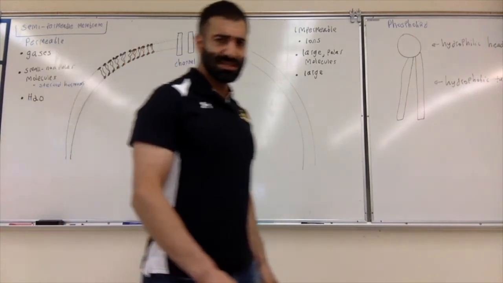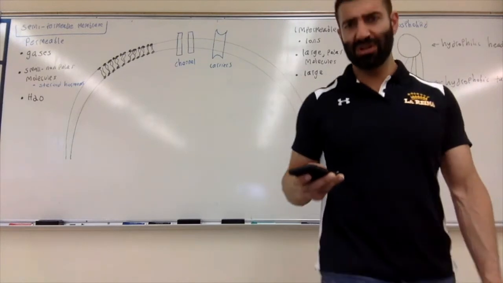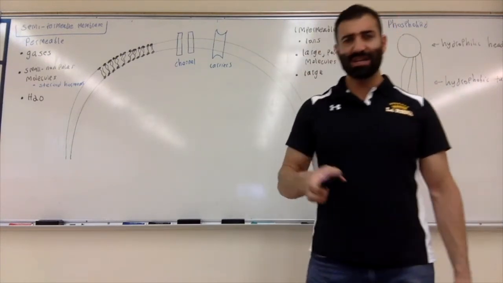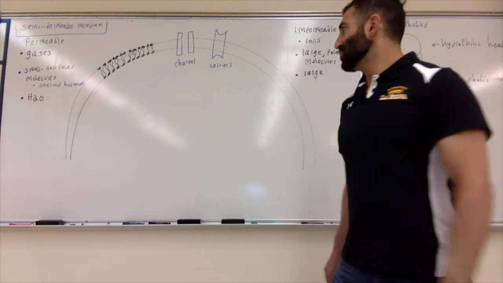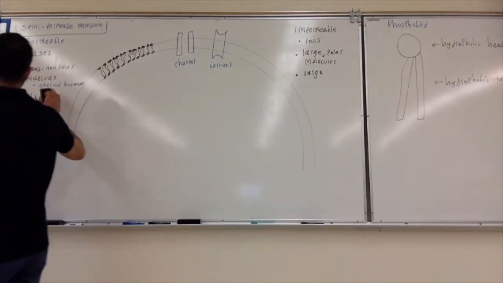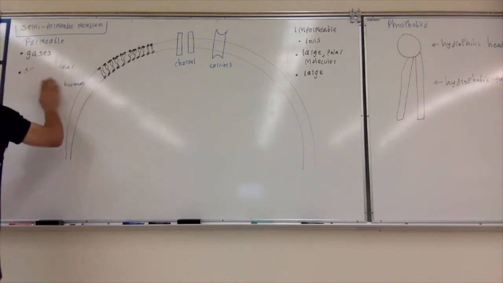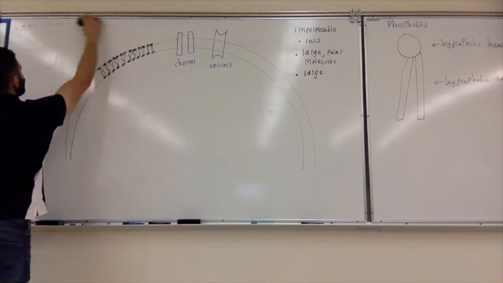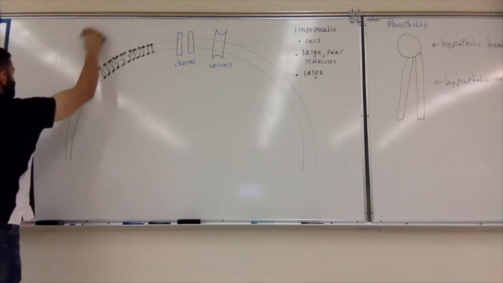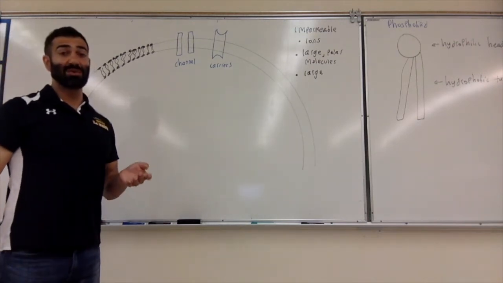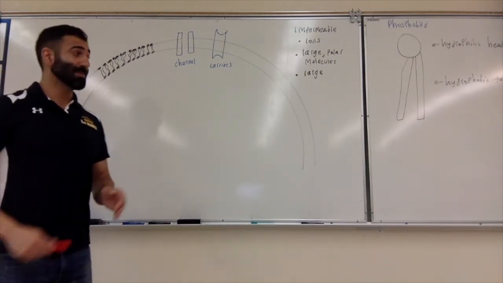Next thing that's on the cell surface, let me make sure I'm going in line with the notes, enzymes. We don't talk about these too much, but there are types of proteins on the cell surface called enzymes. And if you remember, what enzymes do is they catalyze chemical reactions, meaning that they allow chemical reactions to happen faster.